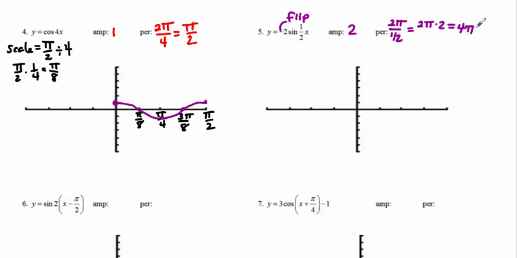So my period is 4 pi. I need to figure out what scale I'm going to use. So for the scale, I take my period and I divide it by 4. So my scale means every tick mark will count as pi. So this is pi, 2 pi, 3 pi, and 4 pi.